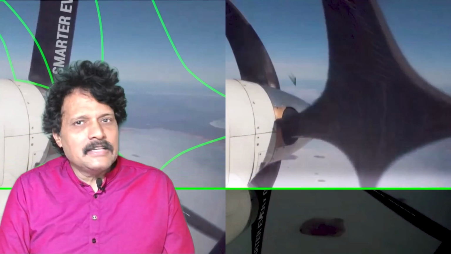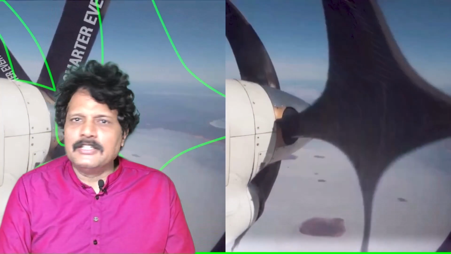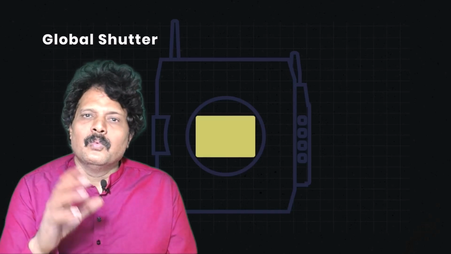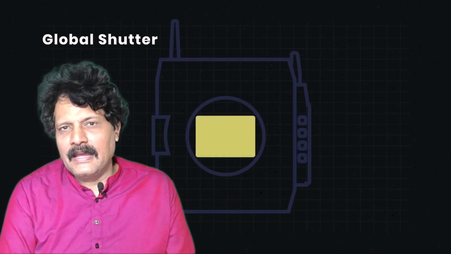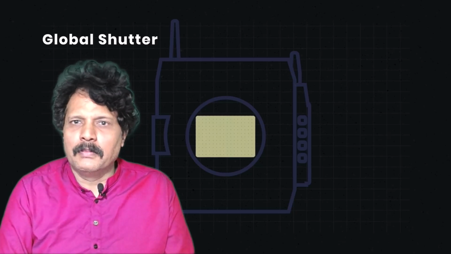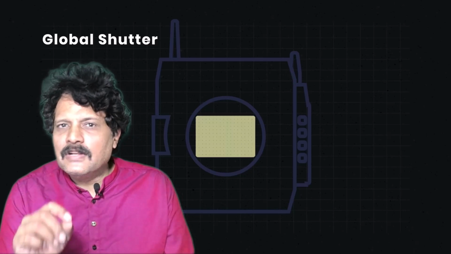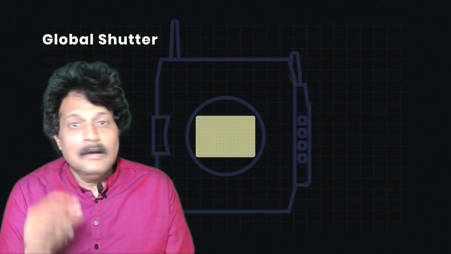To avoid this kind of distortion, today digital cameras come with what we call global shutters. For example, the Sony Alpha 9 and other cameras come with a global shutter, where the information from all the pixels is taken at a time.